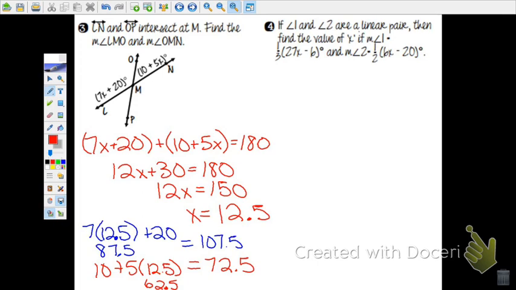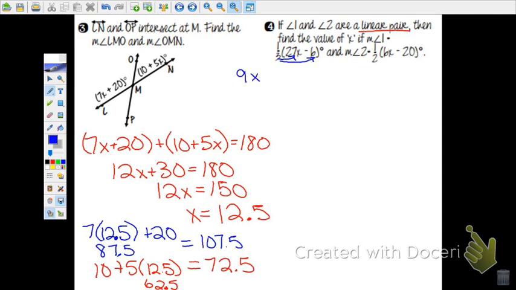We know that angles 1 and 2 are a linear pair, which means they add up to equal 180. I'm going to go ahead and do my distribution. Multiplying by 1/3 means I'm dividing by 3.